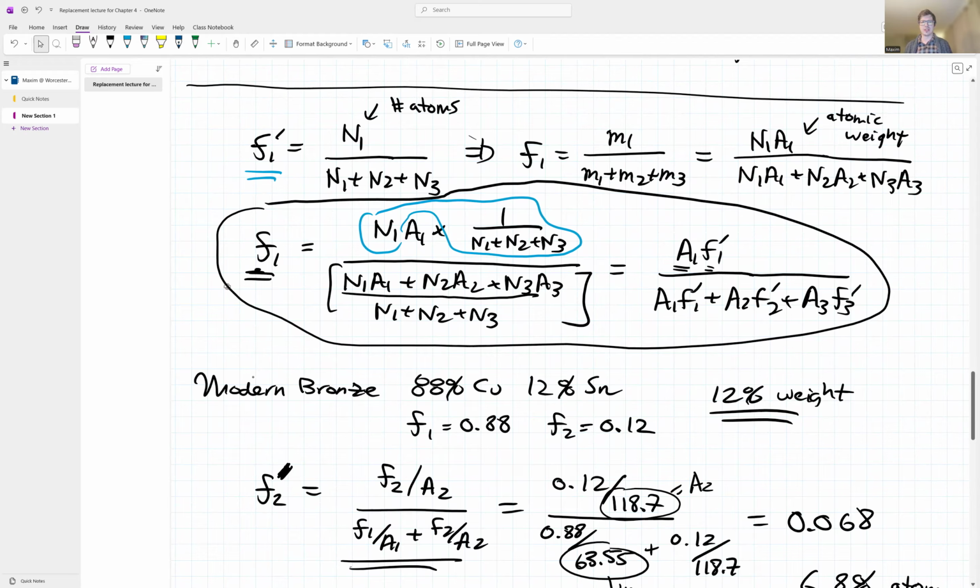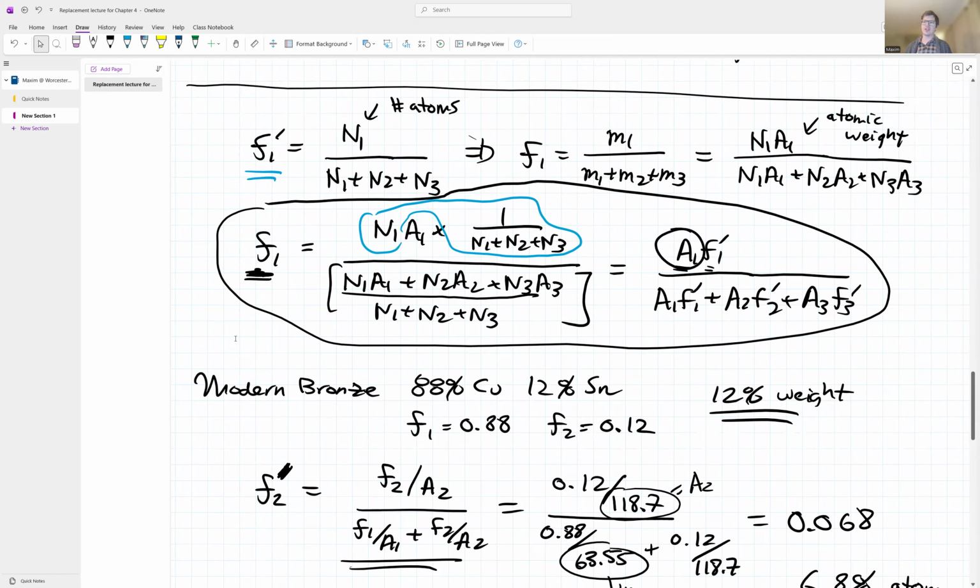So we can replace F1 and F2 with just the by number fractions, but multiplied by their respective atomic masses. So I'm not going to do that. I think it's a little tedious, but I think you should work through these conversions yourselves and make sure you understand where the formulas come from.